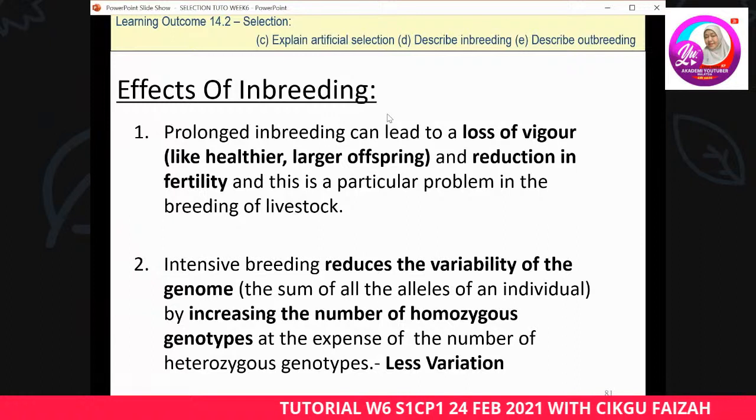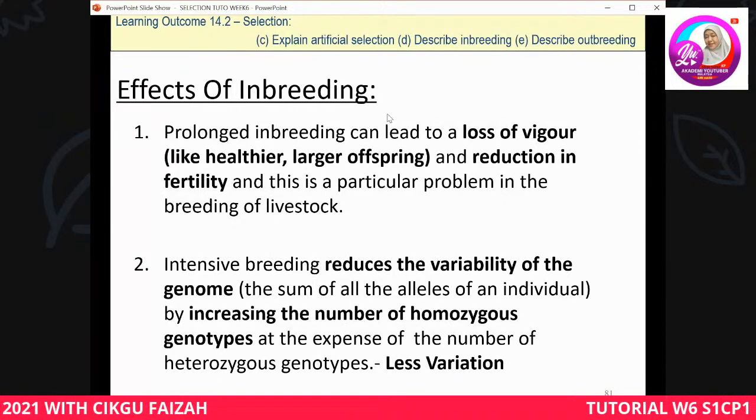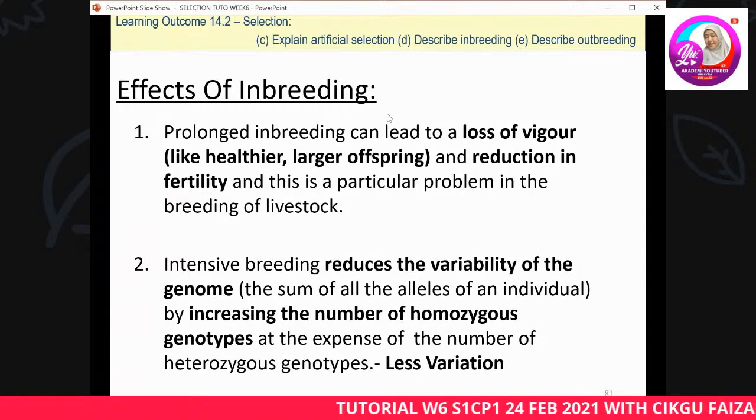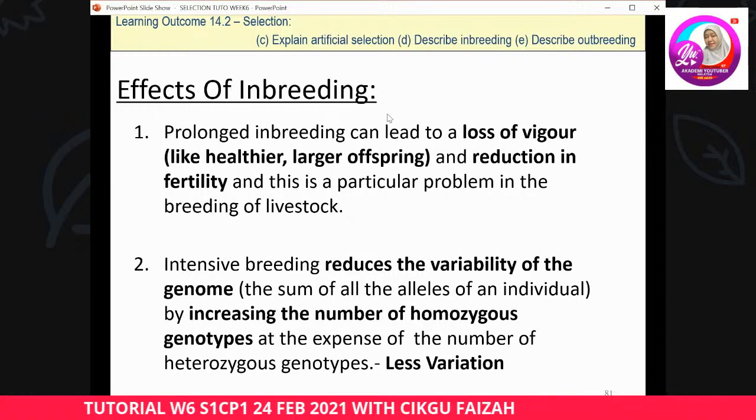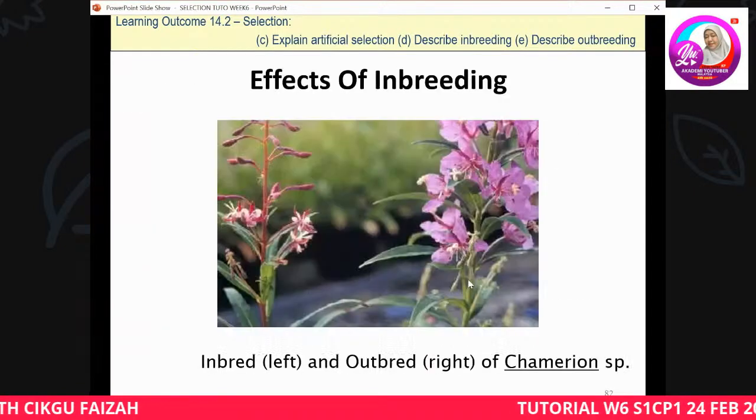If you're referring to the gene pool, as in humans, when we undergo inbreeding, we reduce the variability of the genome, especially the heterozygous genotype, and we increase the number of homozygous. When homozygous, we will have less variation. So that is the effect of inbreeding.